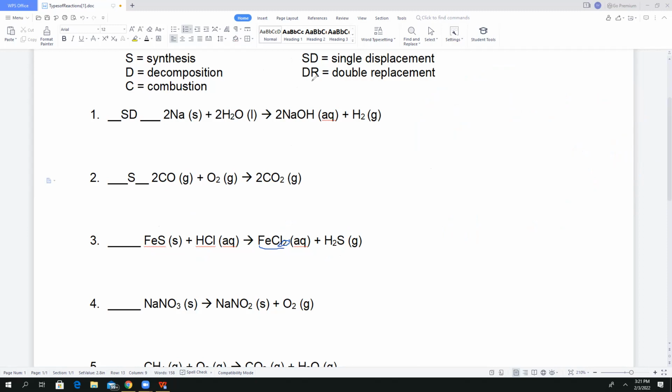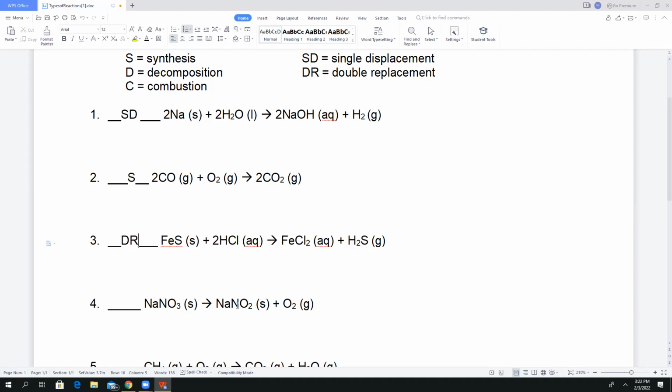And that's what we did actually. All right, so we need to place a 2 right there. And then we're done, right? Now we have 2 hydrogens and 2 chlorines, which is what we were missing. And this is a double displacement, or double replacement, because you had 2 things changing spots.